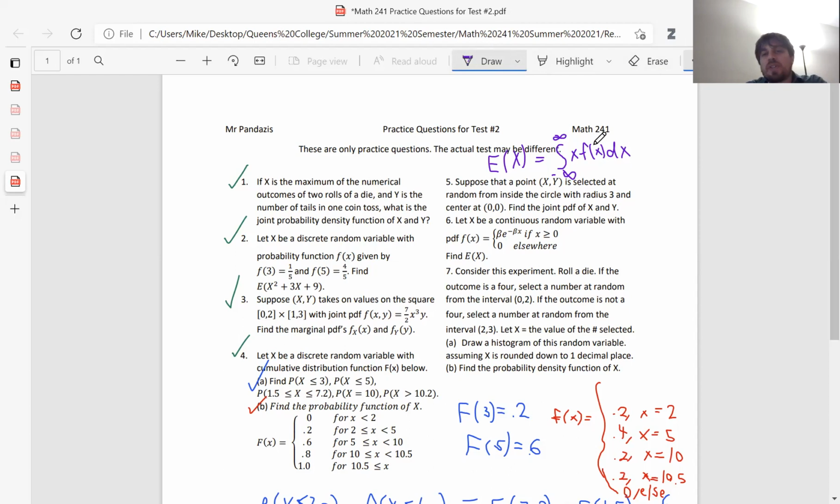It's like the discrete case, when you add over all possible values of x times f of x. Here you're integrating over all possible values of x times f. So you just want to calculate this value for that PDF.